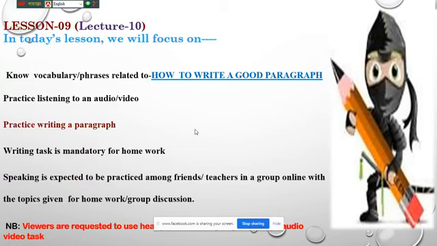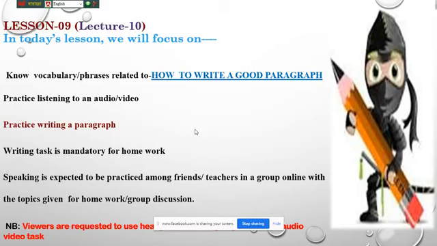All right. This is lesson 9, lecture 10. In today's lesson, we will focus on vocabulary and phrases related to how to write a good paragraph, and practice listening to an audio video. If I get time, I will let you listen to an audio clip and video clip.